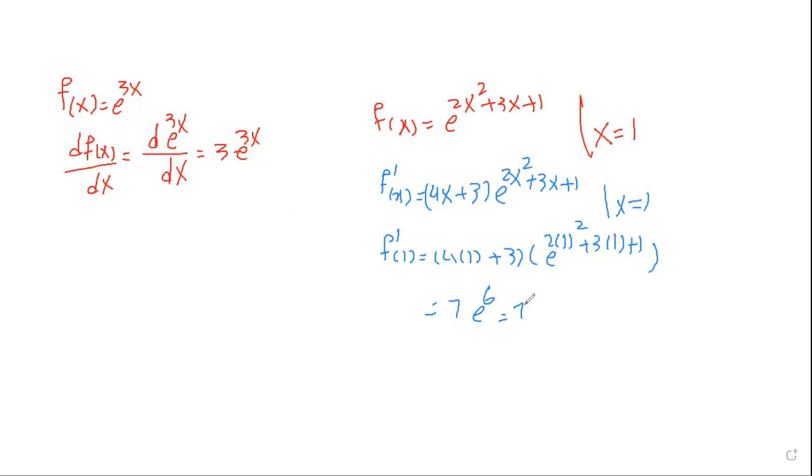Yeah, e to the power 6 times 7. Altogether it becomes 28, 282... 28, yeah? Okay, write it down. Right? Then I'm going to move further.